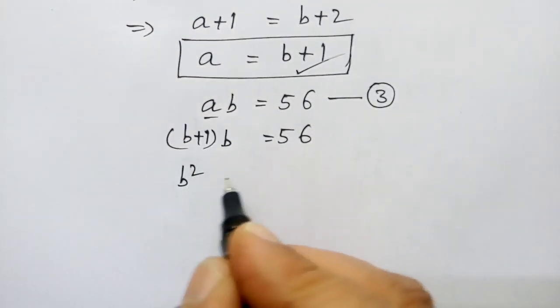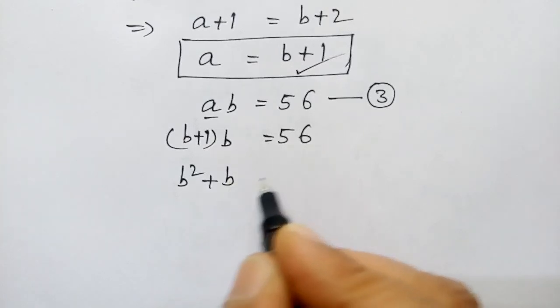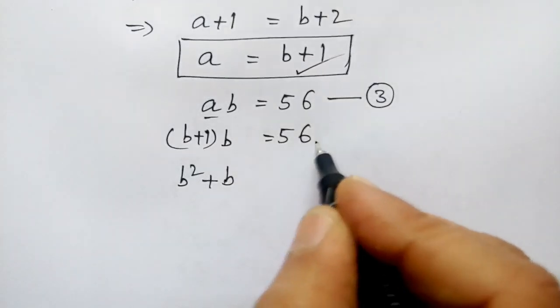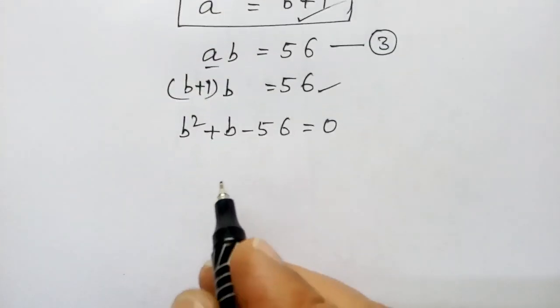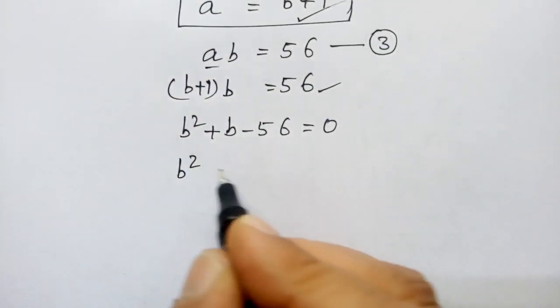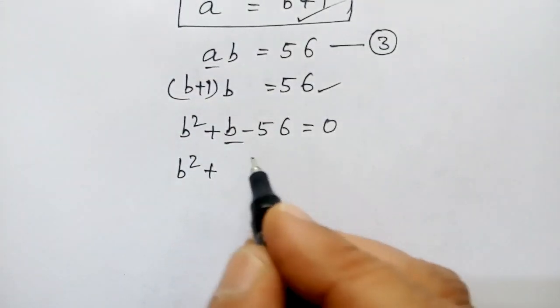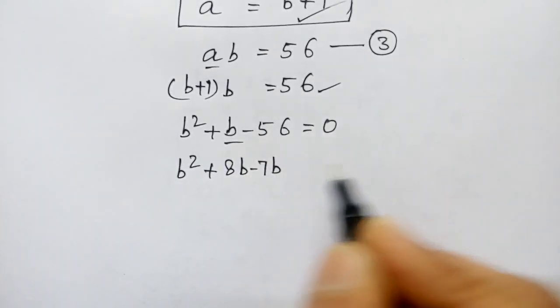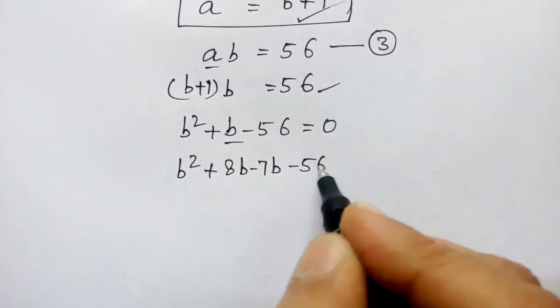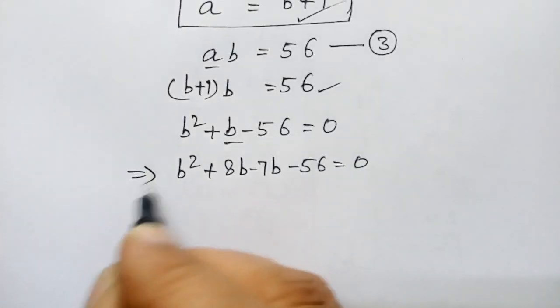So b square plus b minus 56 is equal to 0, right? So b square plus b, as 8b minus 7b, minus 56 is equal to 0.